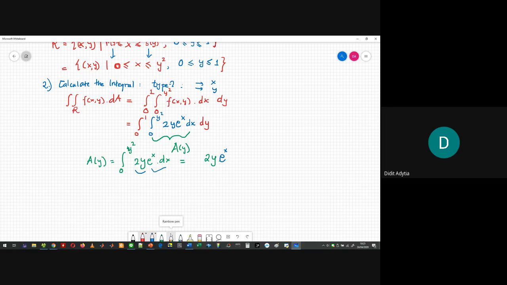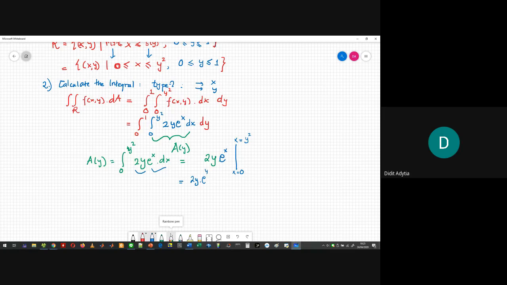Okay, now the boundary is from x equals 0 and then x, because we are integrating with respect to x, okay? And then x is y square, okay? Now we just substitute this: 2y, and then this is e, we replace x with y square.